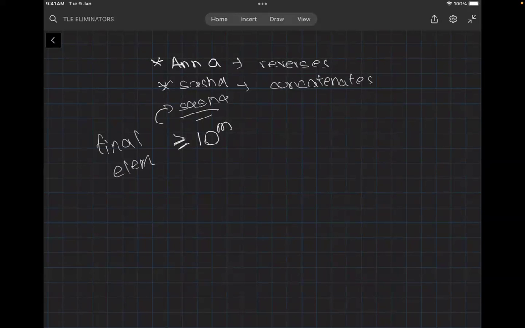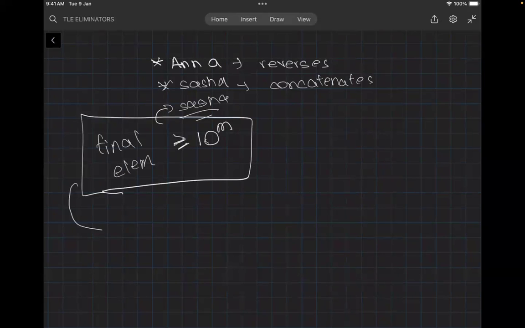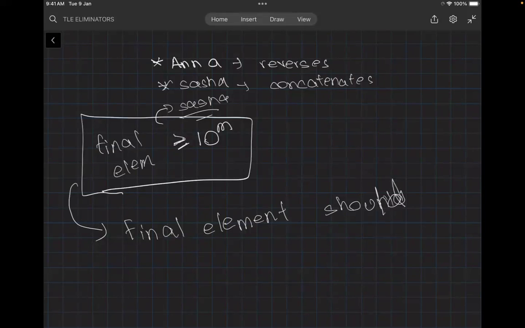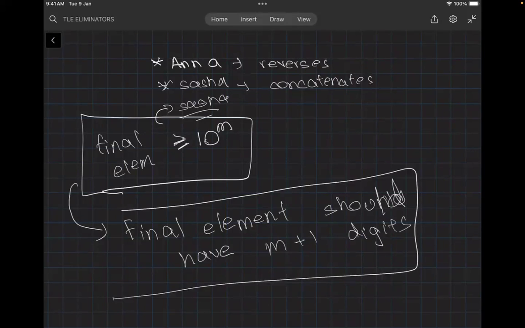Keep this in mind. What this basically means is that the final element should have m plus 1 digits. This is what this means. Now you might be asking how. How does this mean that? So let's have a look.